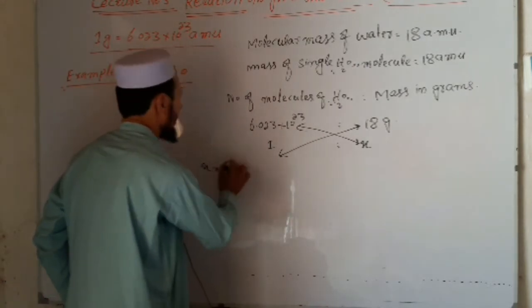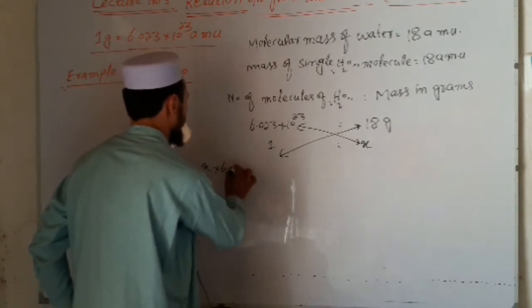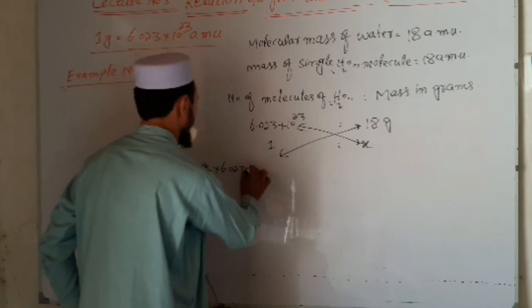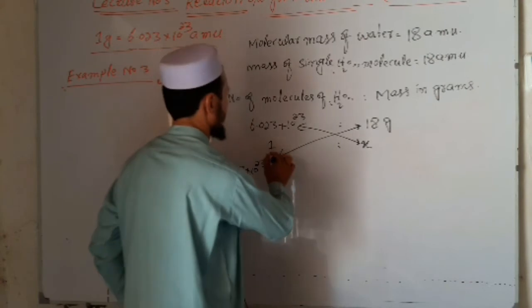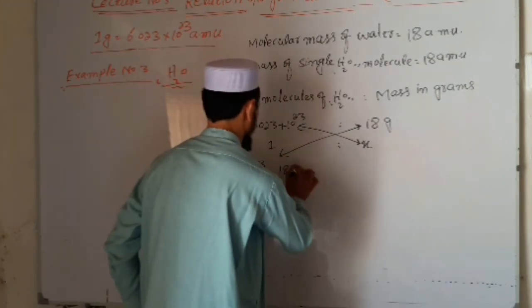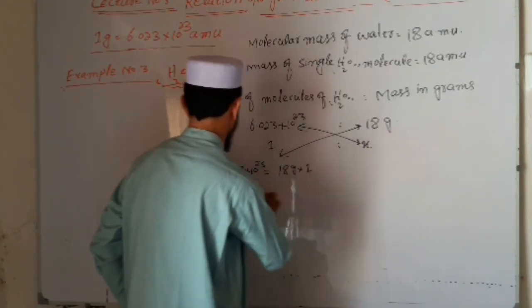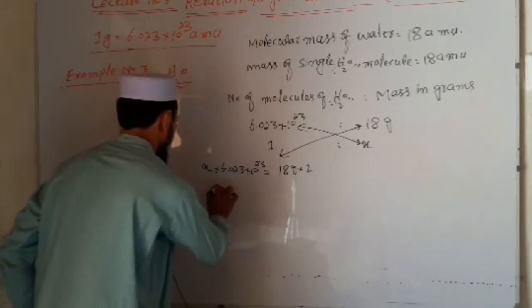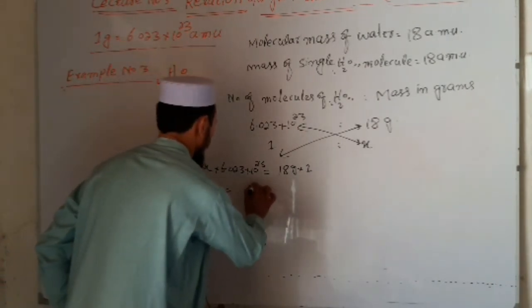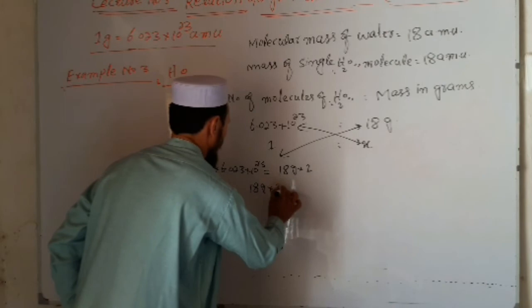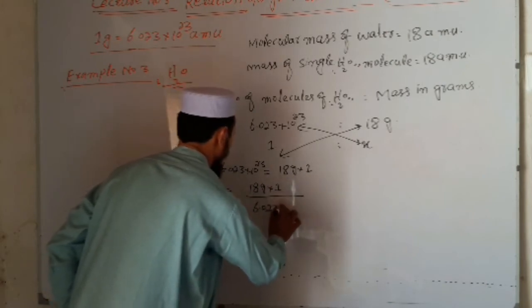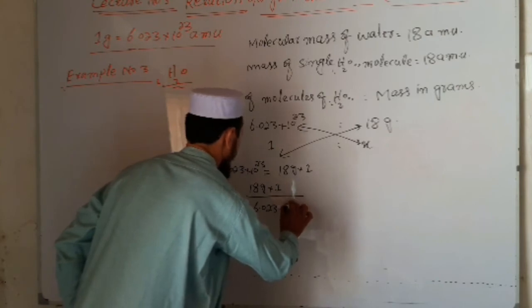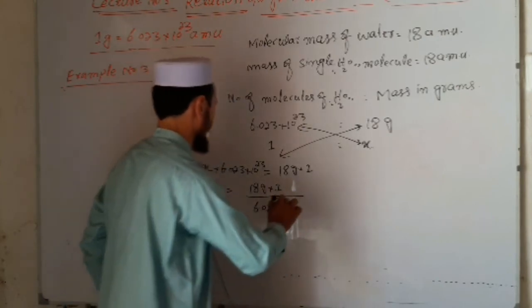X multiplied by 6.023 multiplied by 10 raised to the power of 23 is equal to 18 gram multiplied by 1. We want to calculate x. X is equal to 18 gram multiplied by 1 divided by 6.023 multiplied by 10 raised to the power of 23.